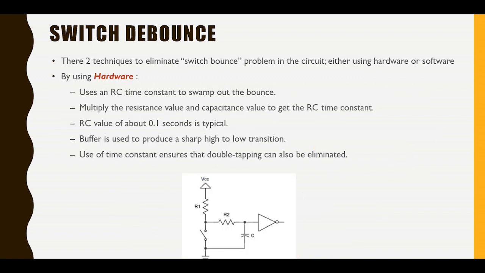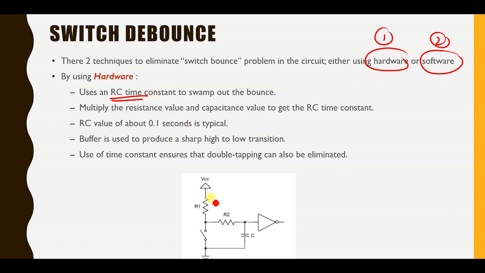Alright, how do we eliminate that switch bounce problem in the circuit? There are two ways: you can use a hardware solution, or you can use a software solution. For hardware, you can use an RC time constant.